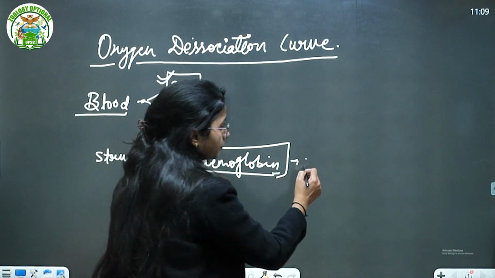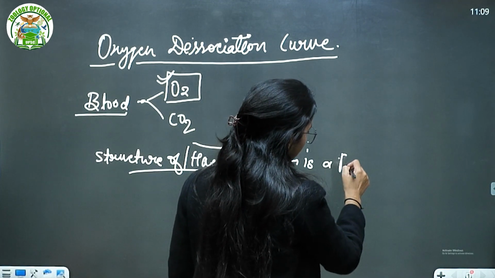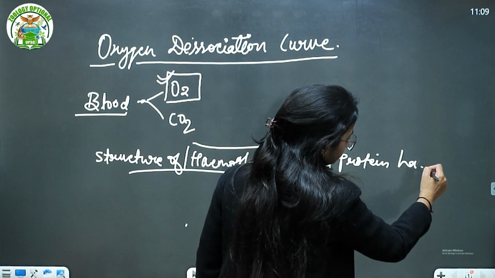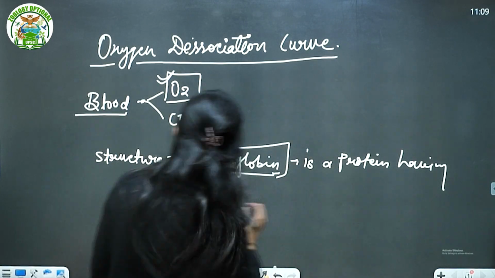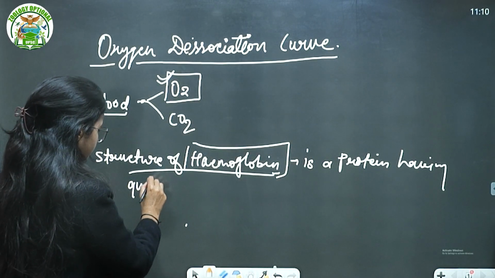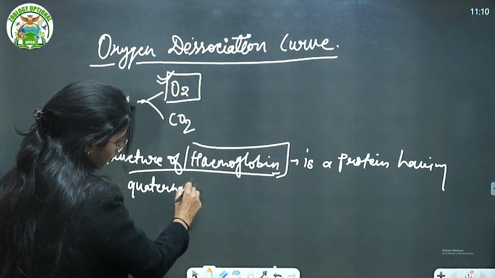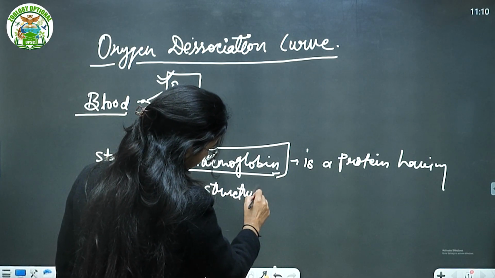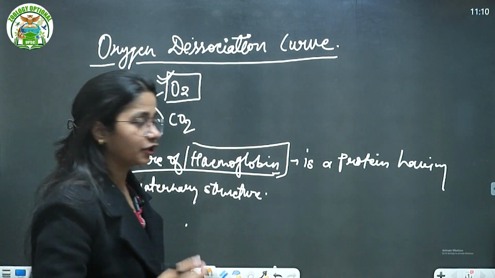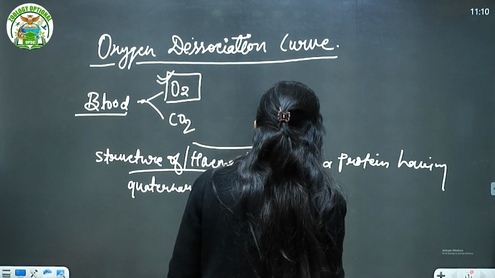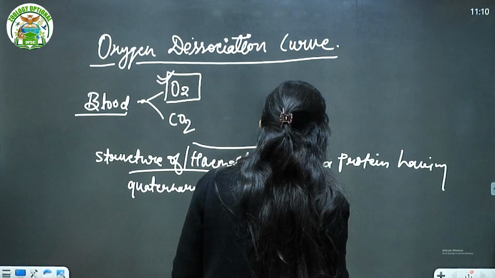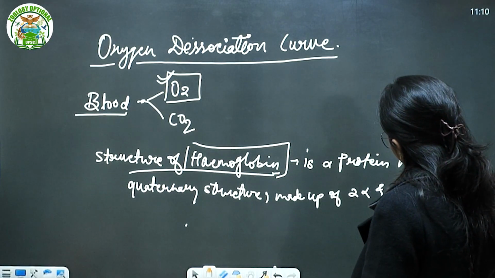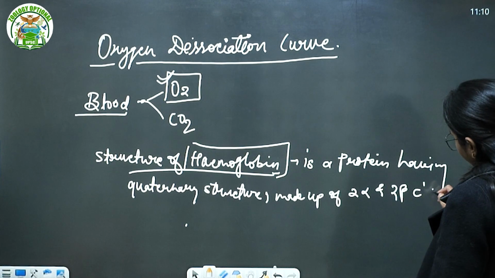So hemoglobin is a protein having a quaternary structure, made up of 2 alpha and 2 beta chains.